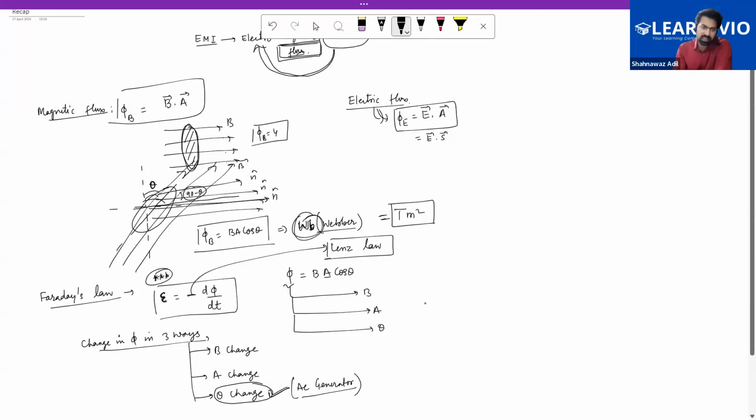In the next class we'll have some questions depending upon magnetic flux and Faraday's law, on how we can use Faraday's law. Note down this thing, and then we'll stop.